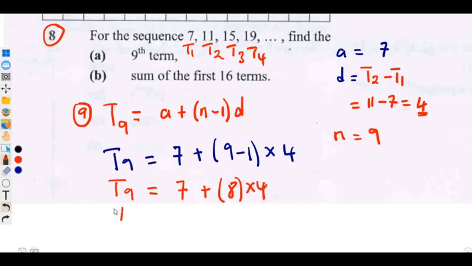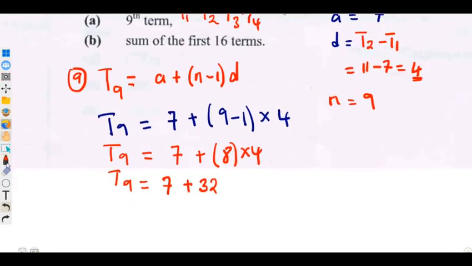So term 9 is equal to 7 plus 8 times 4, this will give us a 32. So this now gives us our answer as term 9 is equal to 7 plus 32 to give us 39.